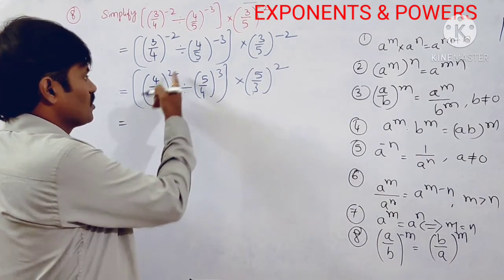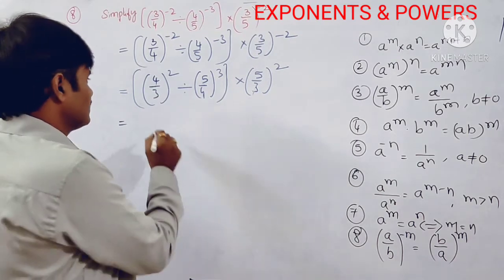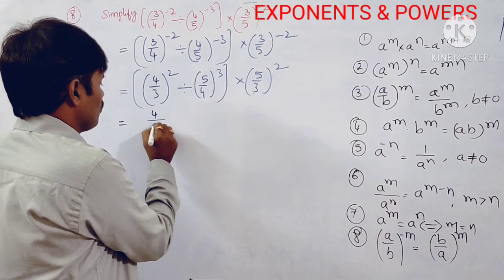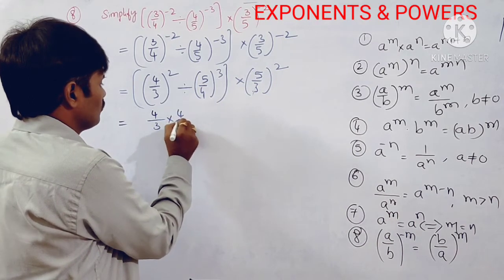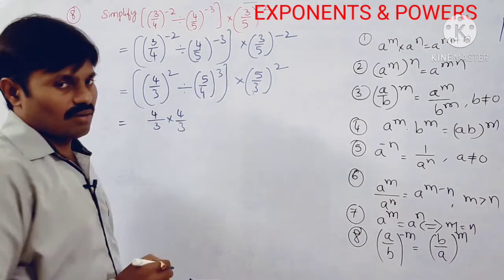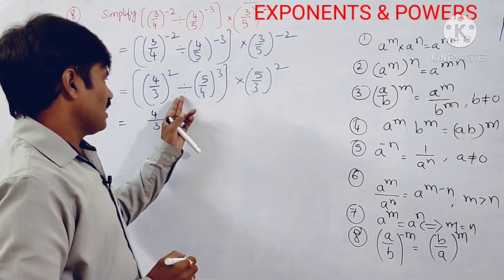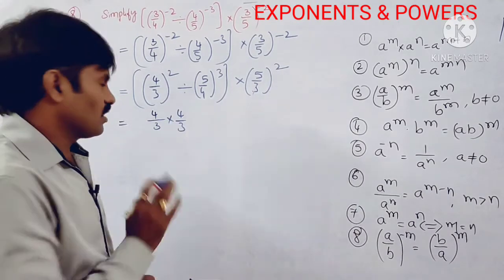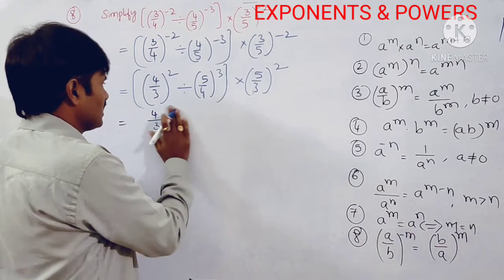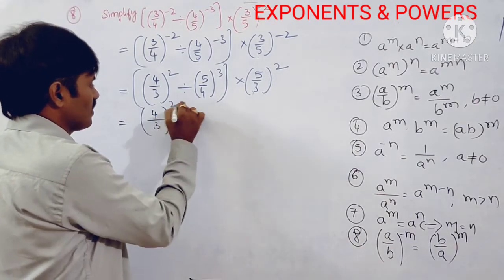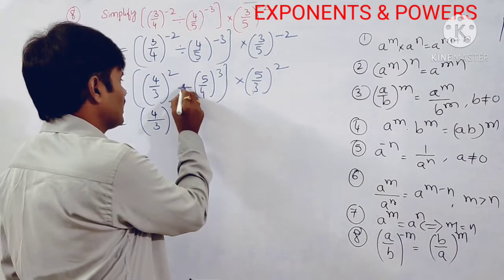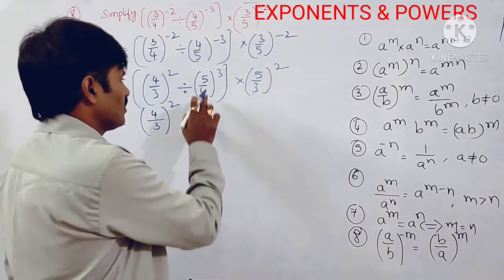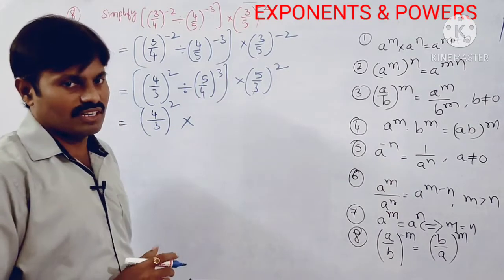Now, (4 by 3) whole square. We can write it as 4 by 3 into 4 by 3. Now I am converting the division symbol into a multiplication symbol, so we have to write the reciprocal of 5 by 4 here.